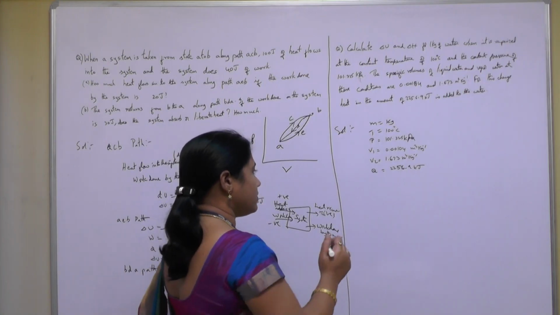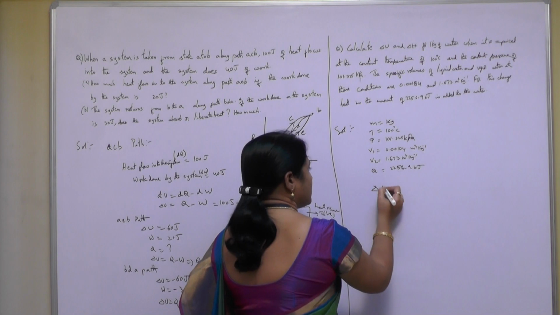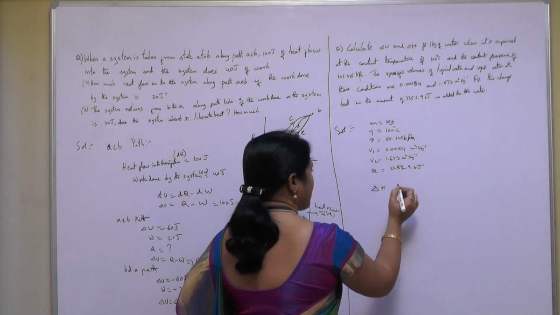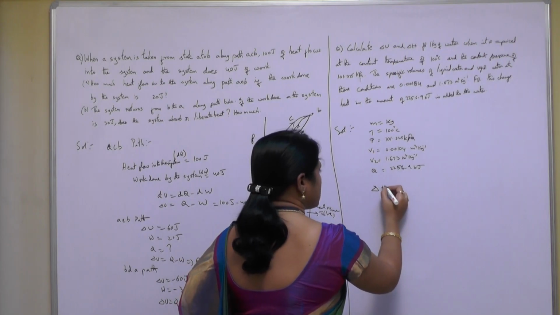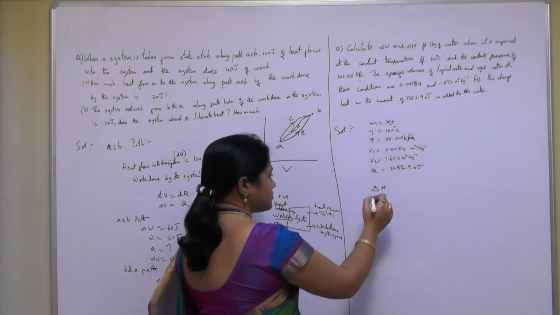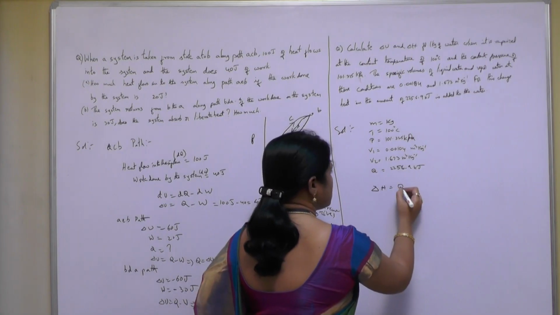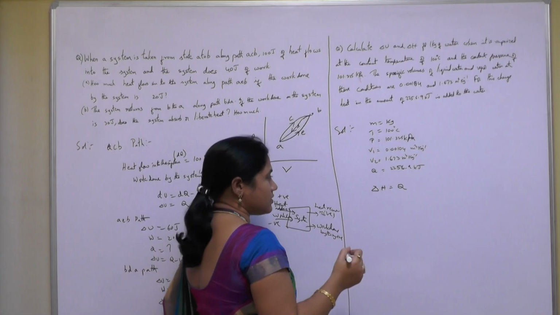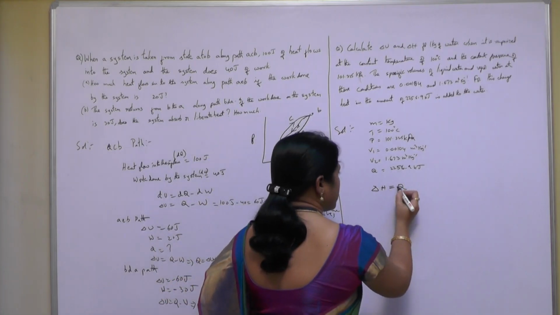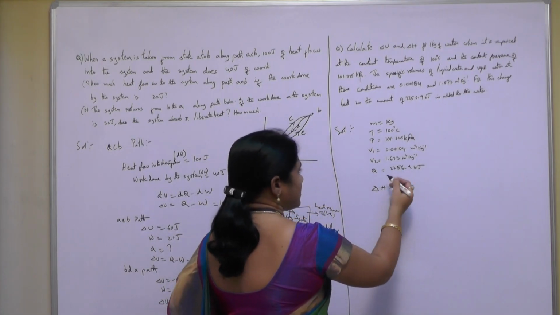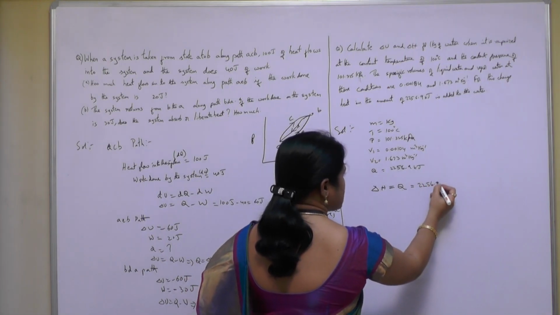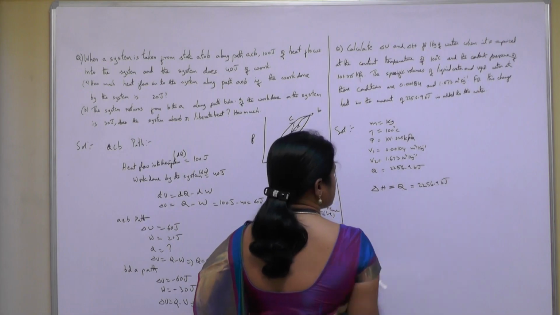So first we assume that it is a constant pressure process. Now we know that for a constant pressure process, delta H equals Q. So what is Q here? 2256.9 kilojoules.